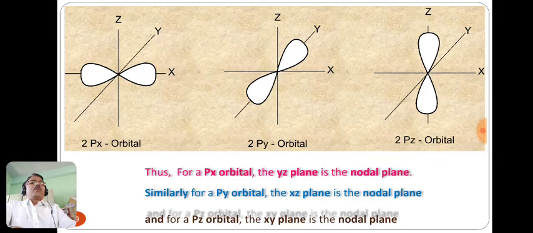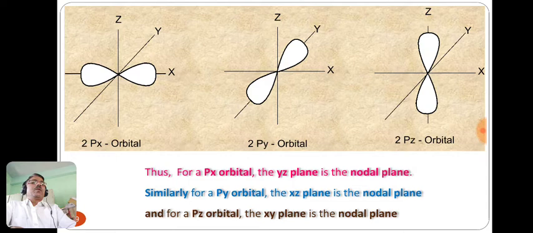And finally, for the pz orbital, the xy plane is the nodal plane, and there is no possibility of finding the electron. So this is the dumbbell shaped pz orbital.